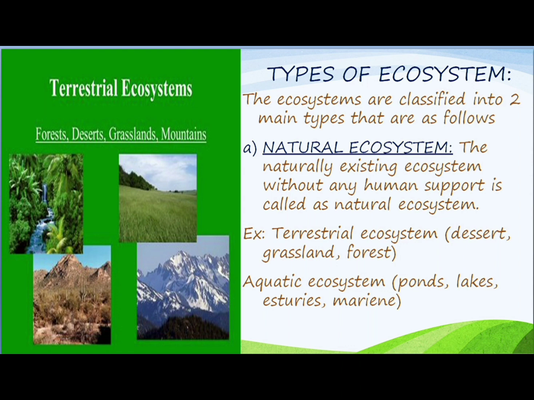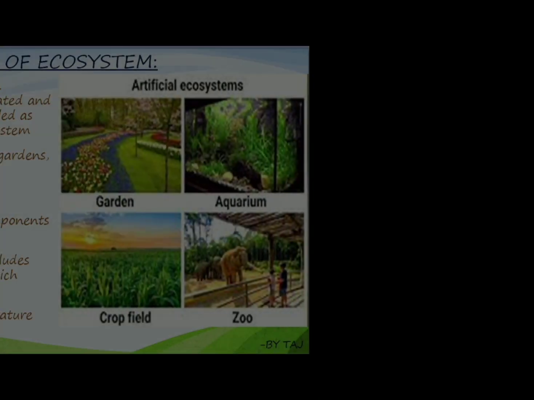That is terrestrial ecosystem, like desert, grassland, forest, and aquatic ecosystem, like ponds, lakes, estuaries and the marine. You have learnt about estuaries, that is the mixing of salt water and fresh water together, the meeting point of the two kinds of water. So this is about the natural ecosystem, terrestrial and aquatic type.